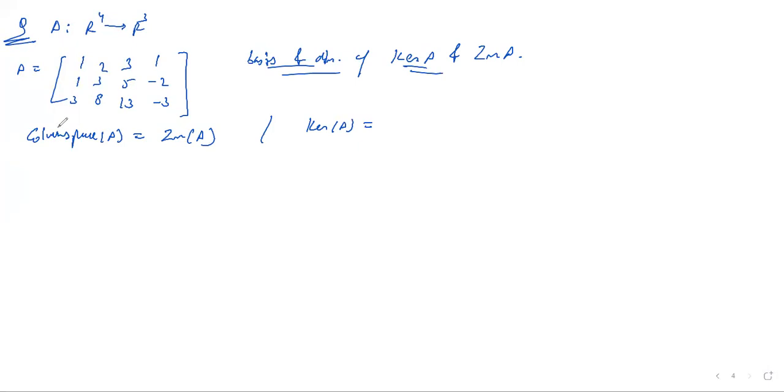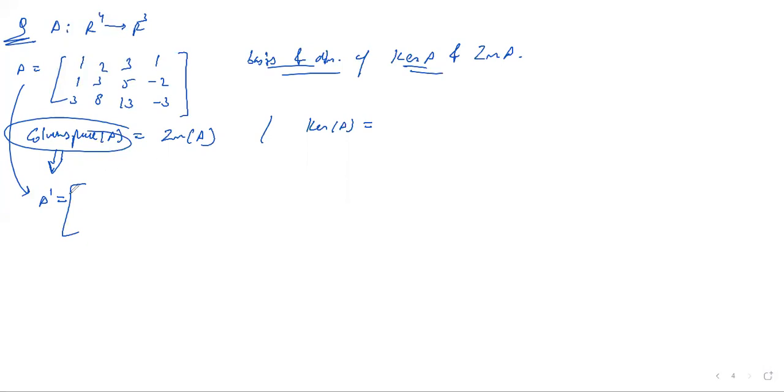So let's apply this first: the column space of A is equal to the image of A. As this is the column space of A, let's take a transpose of the matrix and then row reduce it to the row reduced echelon form.